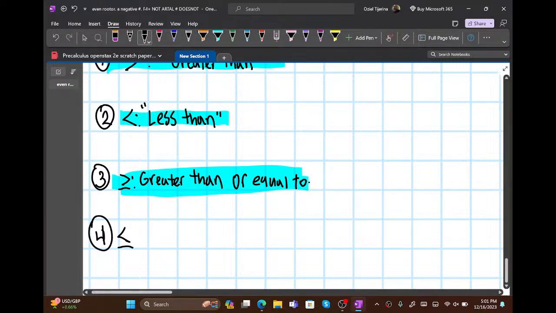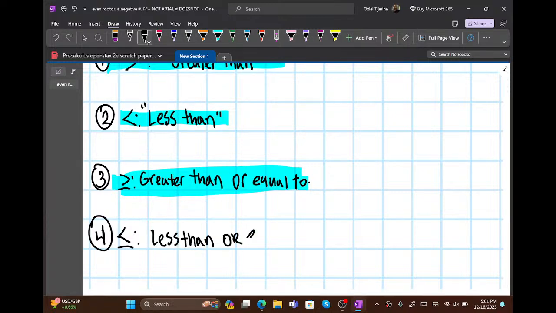It should be like this: less than or equal to.